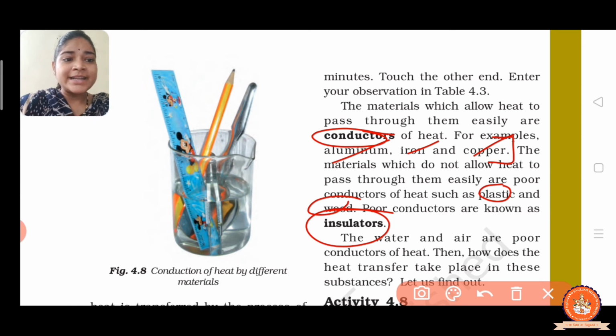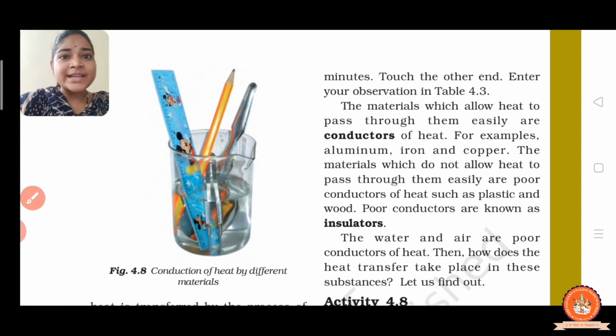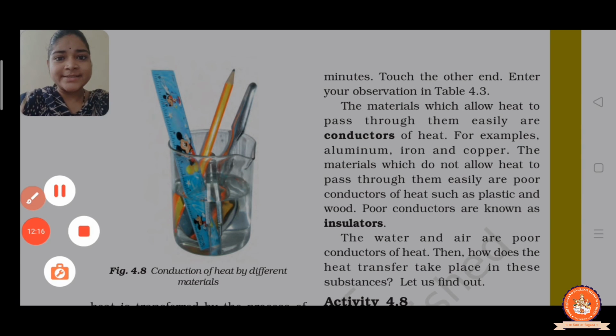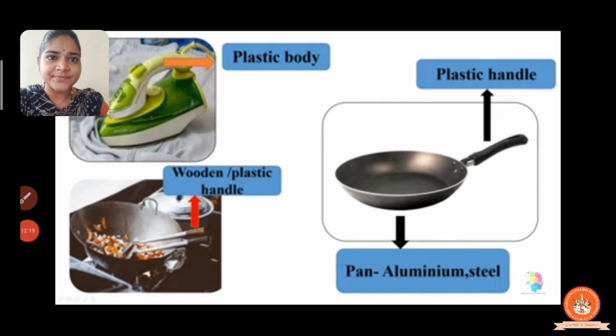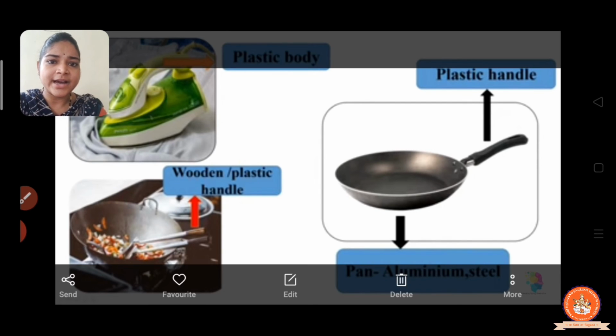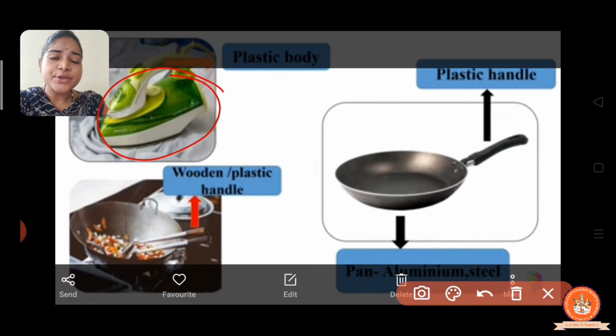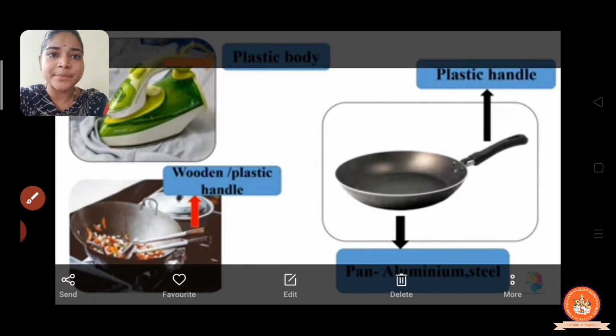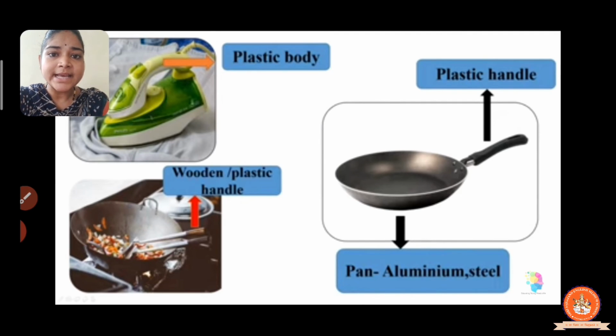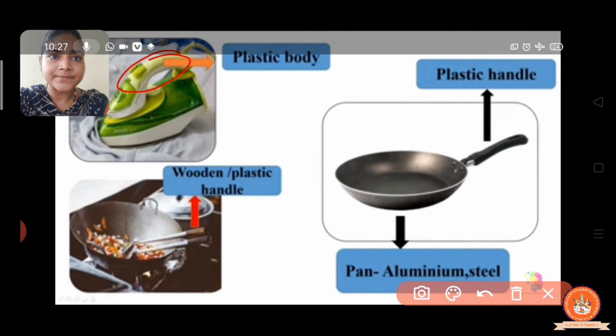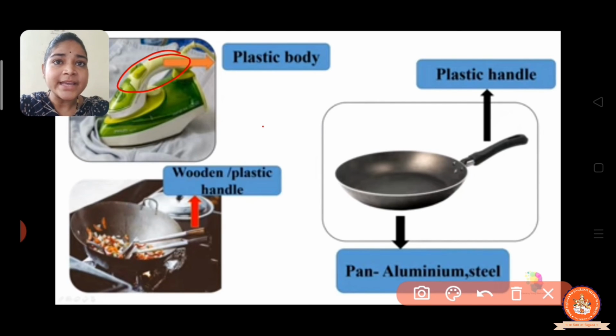Now let us learn with examples of conductors and insulators. For example, an iron. You must have observed at your home that the handle of an iron is made of plastic. Why? Because plastic is an insulator which does not allow heat to transfer through it.